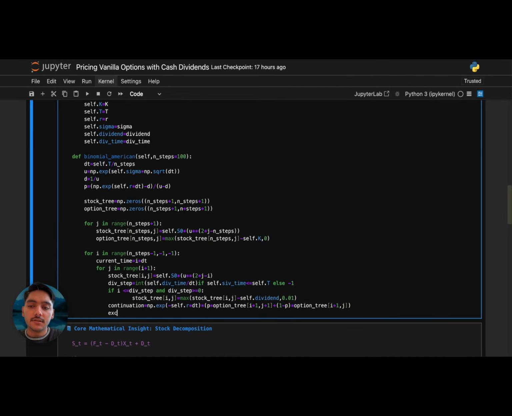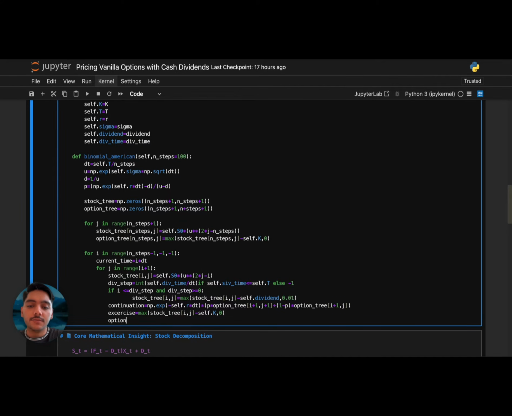We will define exercise is equal to max(stock_tree[i, j] minus self.K, 0). The option_tree[i, j] will be equal to max of (continuation, exercise).